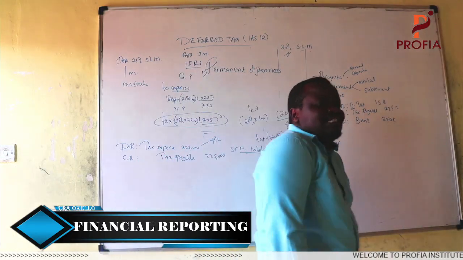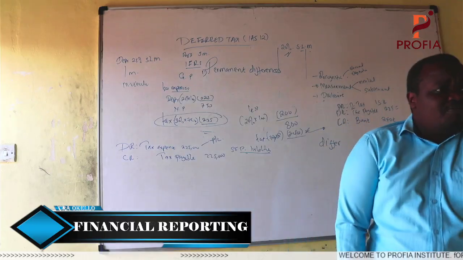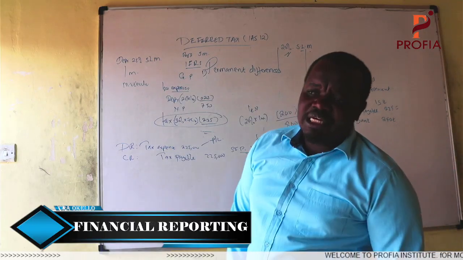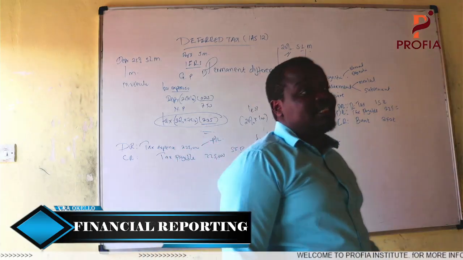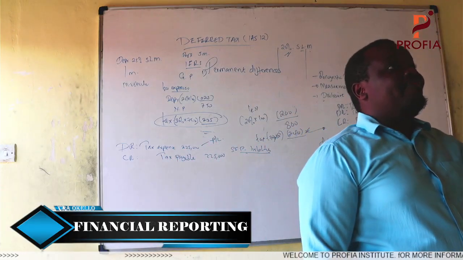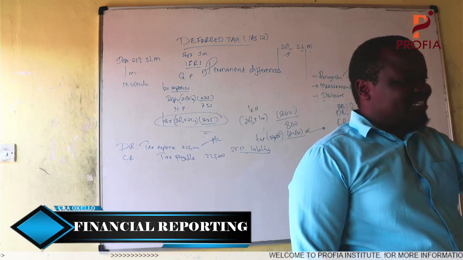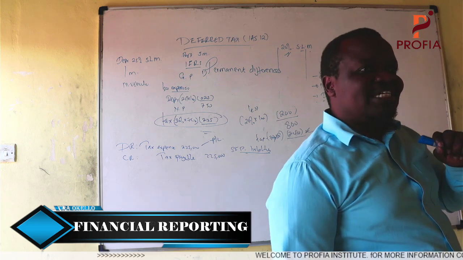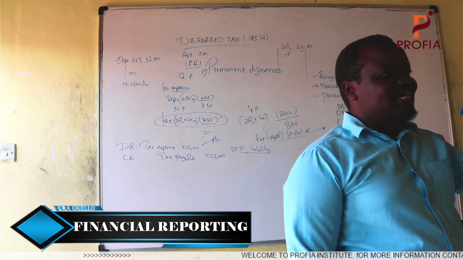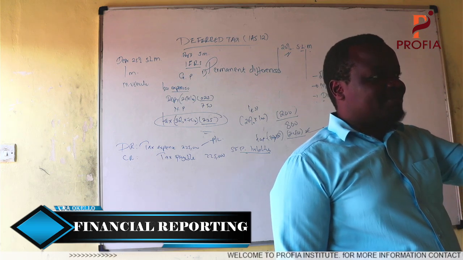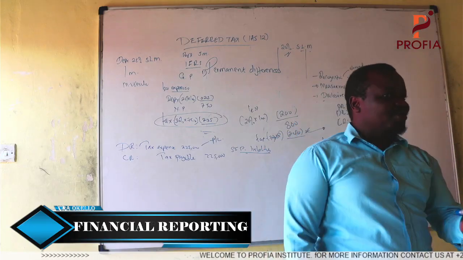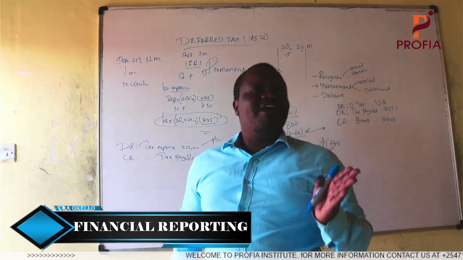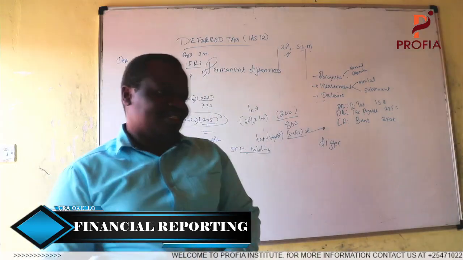What's the basis of recognizing expenses in our P&L? The expense must be related to the selling of goods and services, be it directly or indirectly, and it must be there to aid the selling of those goods.